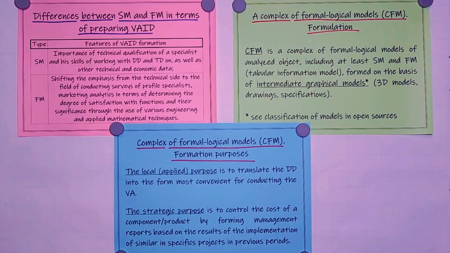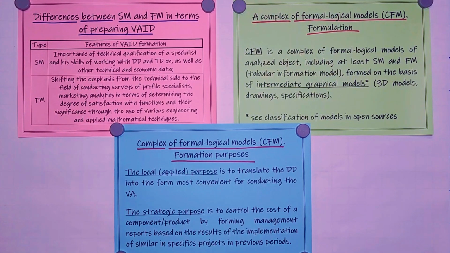For the functional model, the process of functional model formation in turn is characterized by a shift in emphasis from the technical side to the field of conducting surveys of specialists in marketing analytics in terms of determining the degree of satisfaction with functions, reliability analysis, FMEA analysis, for example, determining the significance of functions by various methods and subsequent analytical work.